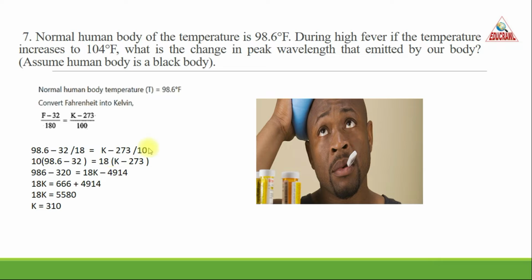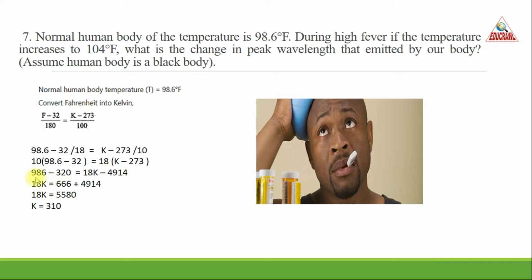Now what you have to do is the cross multiplication. That is, F minus 32 into 10 is equal to K minus 273 into 18. So when you do the cross multiplication, we have 10 into 98.6 minus 32 is equal to 18 into K minus 273. So take 10 inside the bracket, you get 986 minus 320 is equal to 18K minus 4914.